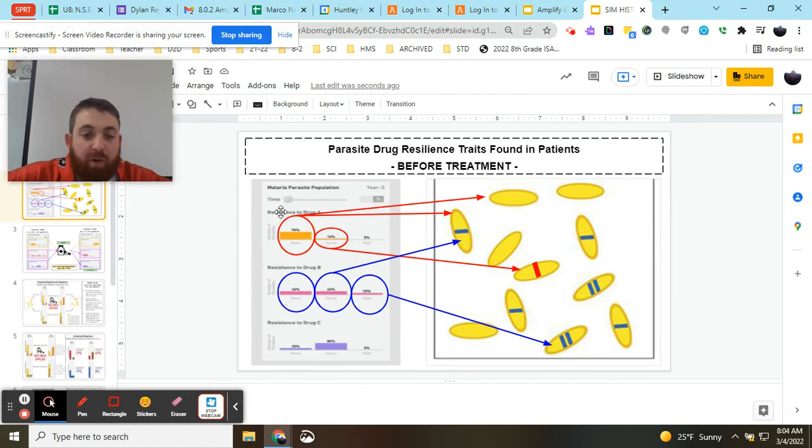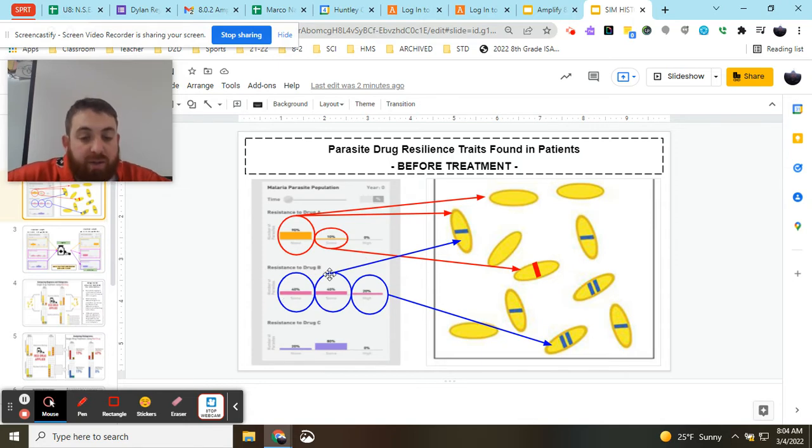So, for example, for our resilience to drug A, we see that 90% of them have no resilience to drug A. Those would be all of the parasites that don't have any red bars in them. So, everything without a red bar does not have a resilience to red. Some of them, 10%, have a resilience. That's where we see the 1%, and 0 have high.